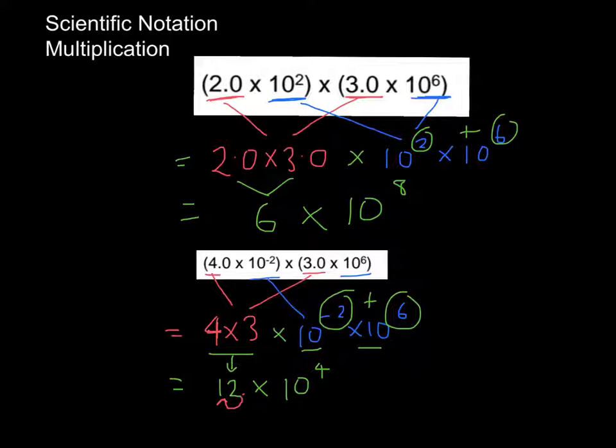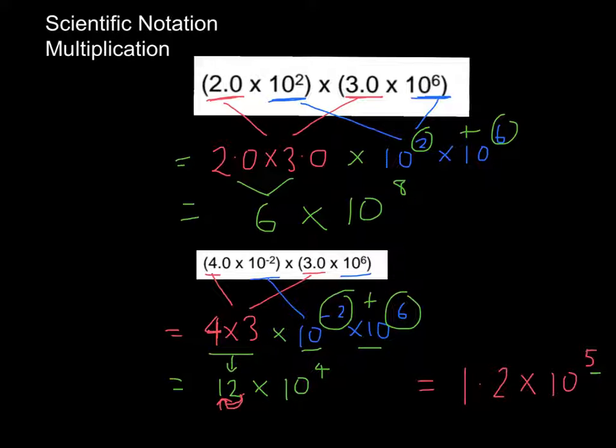It might get tricky. I now know that that becomes 1.2 times by 10 to the power of 5. I've moved it one more spot across, knowing this is a large number, so I know that I'd have to add 1 to my power.